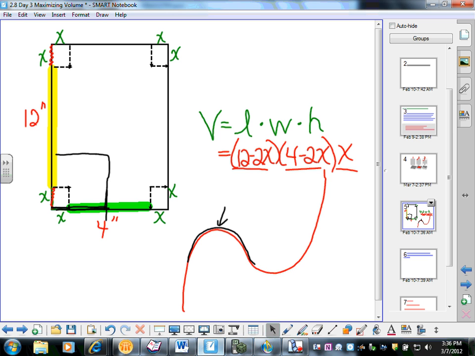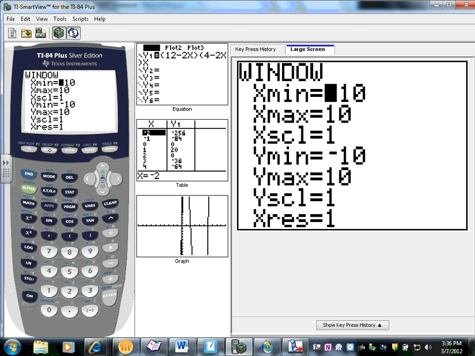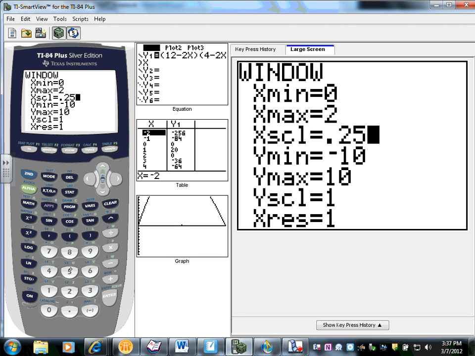So I'm going to go back to my calculator, go to my window, make my x min be 0, my x max be 2, because that's as big of a cut as I could possibly make. I'm going to even change my x scale to where it gives me a nice little picture, maybe 0.25.